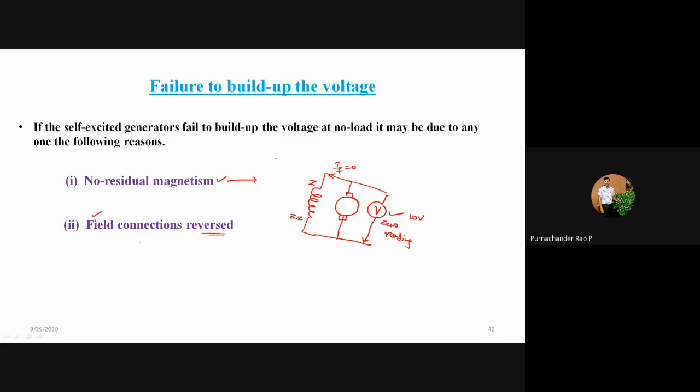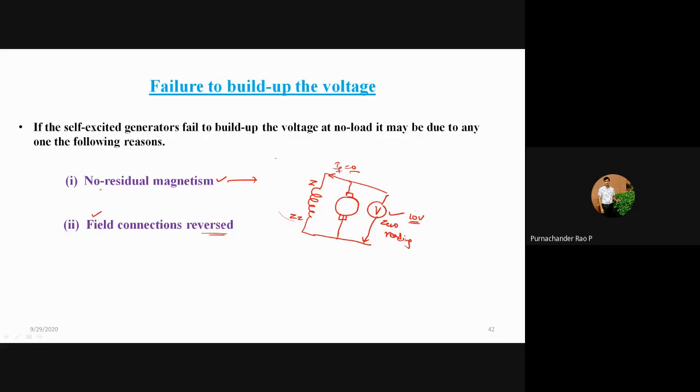In the previous first case, IF was 0 and the voltage was 0, which shows that there is no residual magnetism in the circuit. Then we remove the field winding and excite it separately. So this is the first case we have to observe.